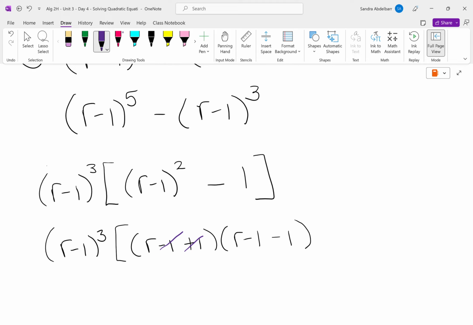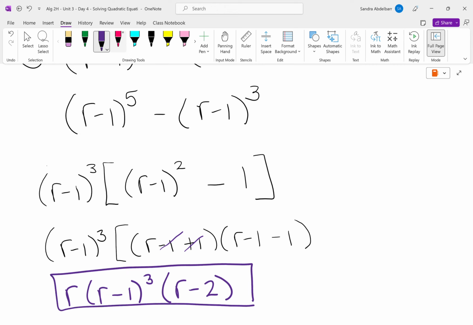So now what happens with the r minus 1 minus 1? It becomes r minus 2. So now we have an r, and then we have an r minus 1 to the third power, and we have an r minus 2. And those can be written in any order. Also a good one to know.